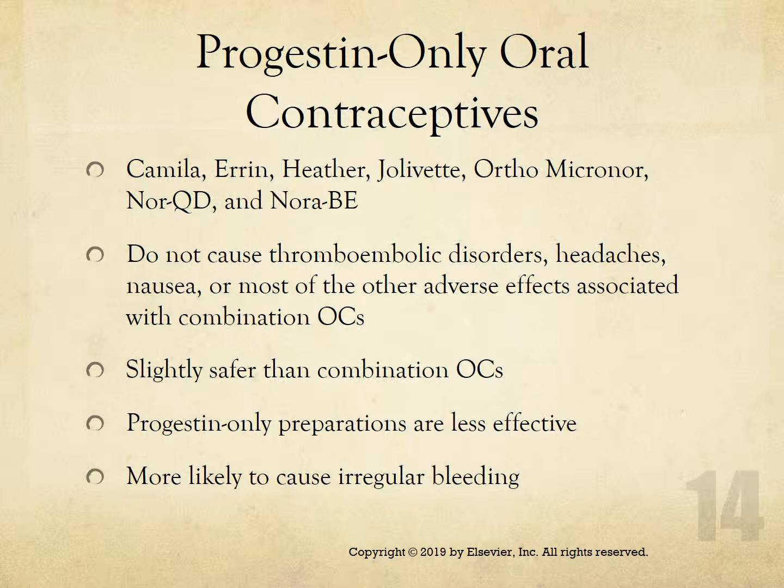Sometimes I'd have to go ahead and give them maybe a month or two of a combination OC to give them some estrogen so that they could build up that lining again. And then many times they would do much better, but sometimes that doesn't work. And then this is one reason they may not want to or cannot take a progestin only pill.